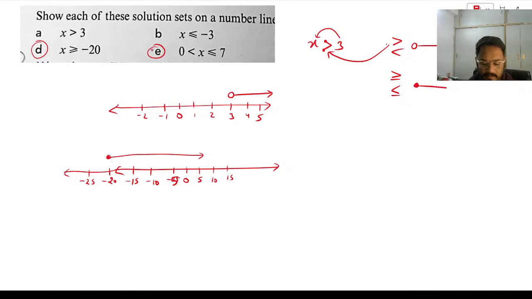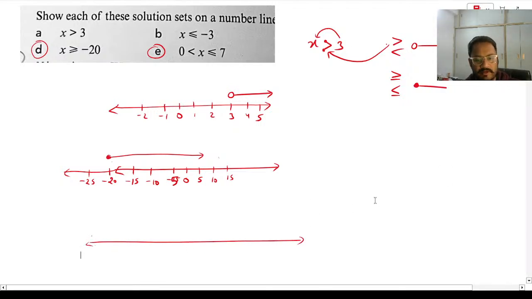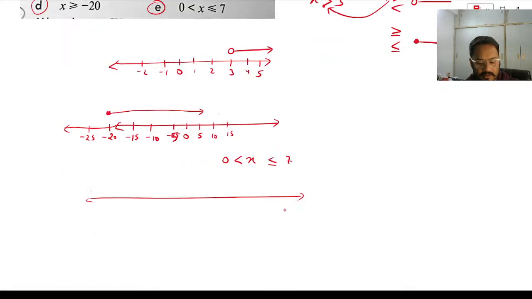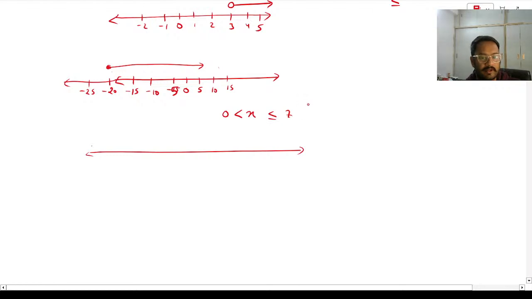Okay. So if we see this, what we generally do here is to draw this type of number line. Because x should be greater than 0 and less than or equal to 7, we are drawing this number line.